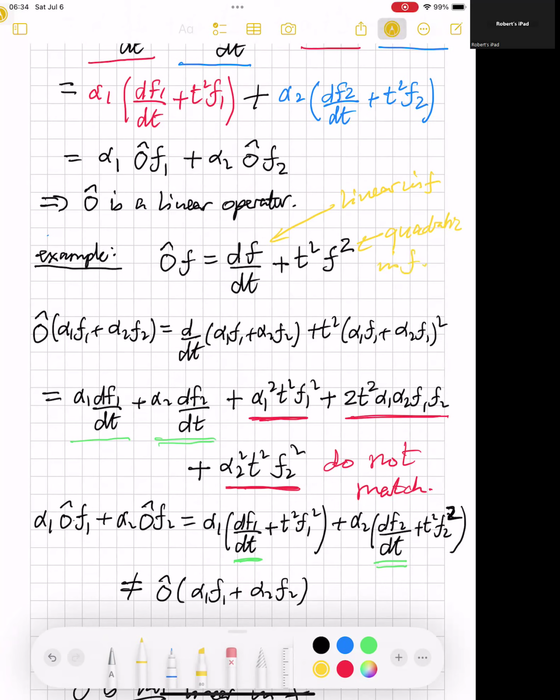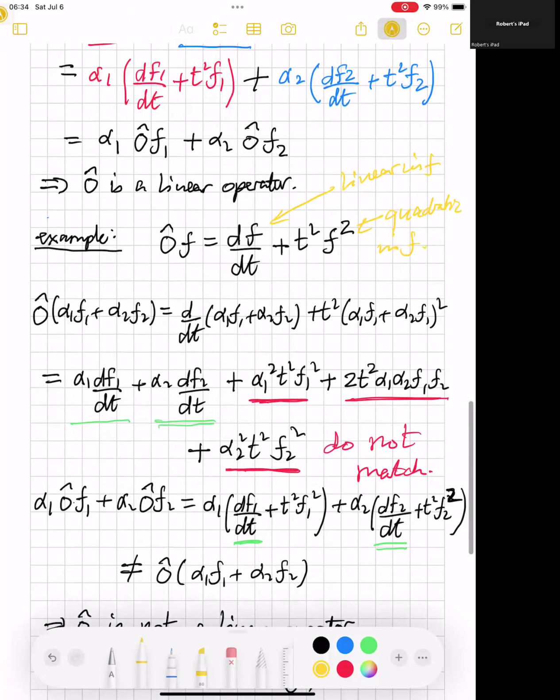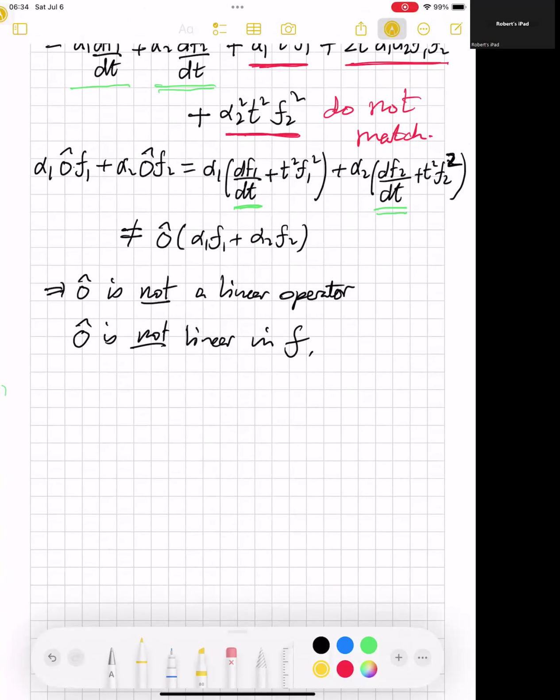And it's that term that's quadratic in f that spoiled the linearity of O hat. Good. Okay, so why don't you dream up some operators and see if you think they're linear or not, and then check it, okay? That would be a good exercise to make sure that you've really mastered this.